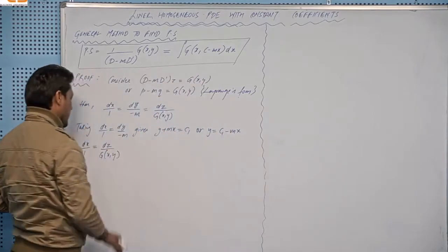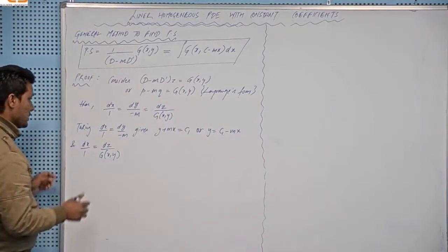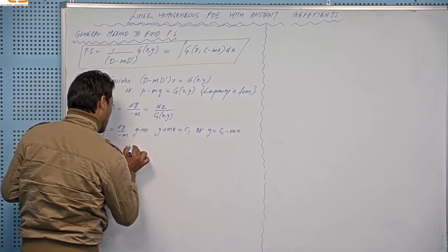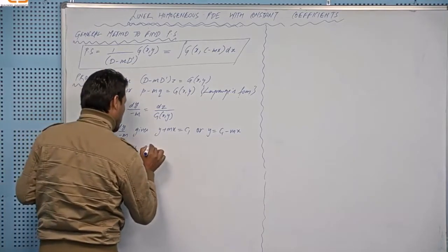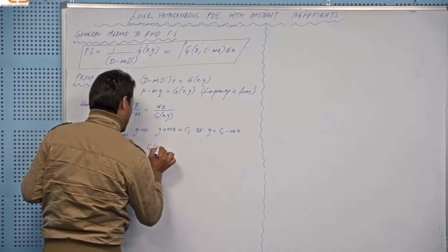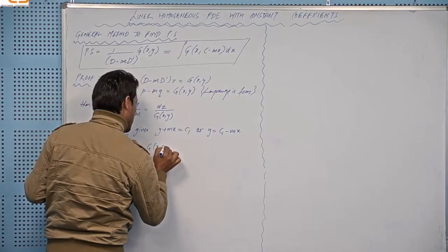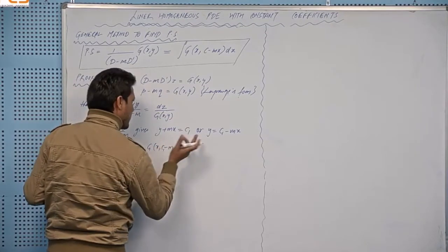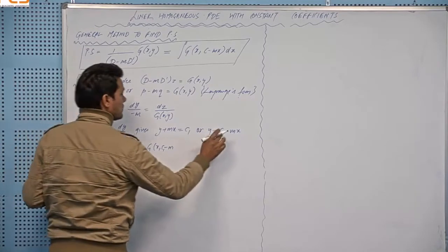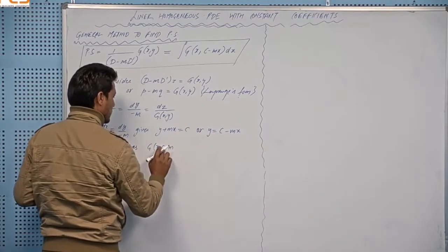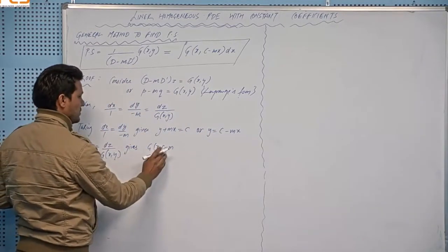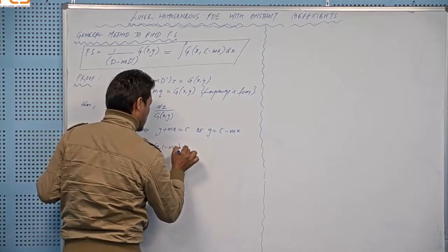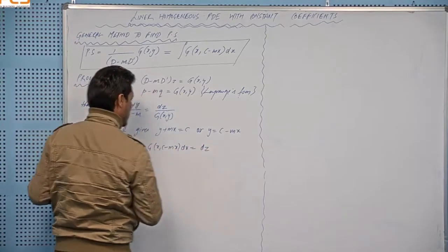I don't need y here, I need x and z to integrate it. This gives g(x, c minus mx) dx equal to dz. Let me write c, no need to write c1.